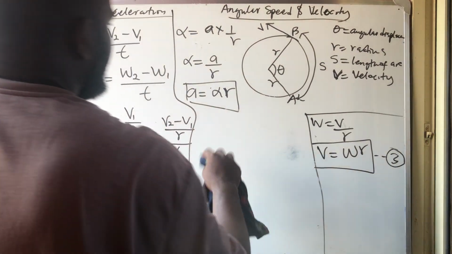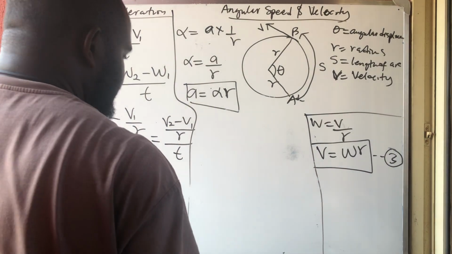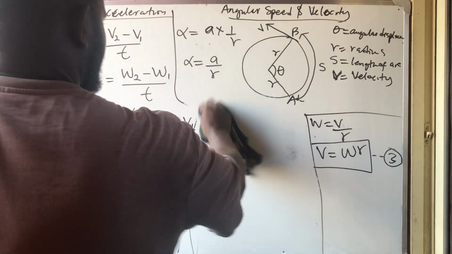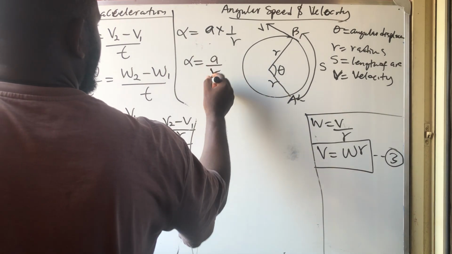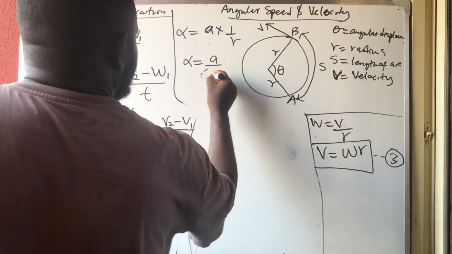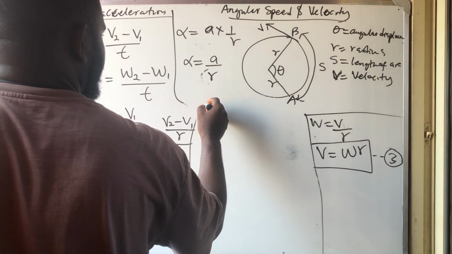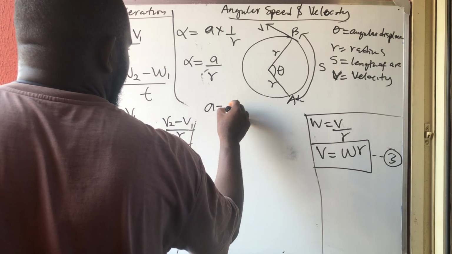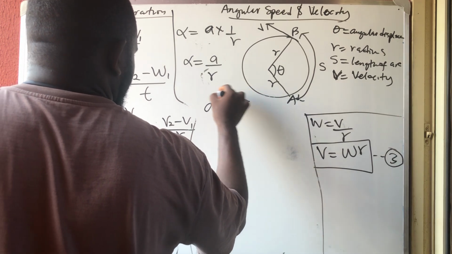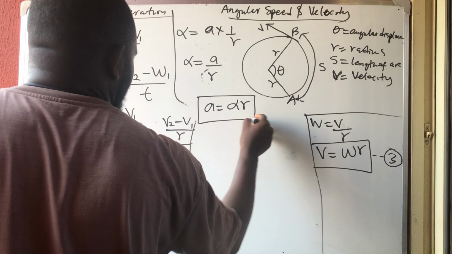Sorry. Okay. From this place, I don't want to get confused. Okay. I'm having that over R. So I'm having that my A is equal to what? Angular acceleration times R. Okay. This is the important formula we need to have. Okay.